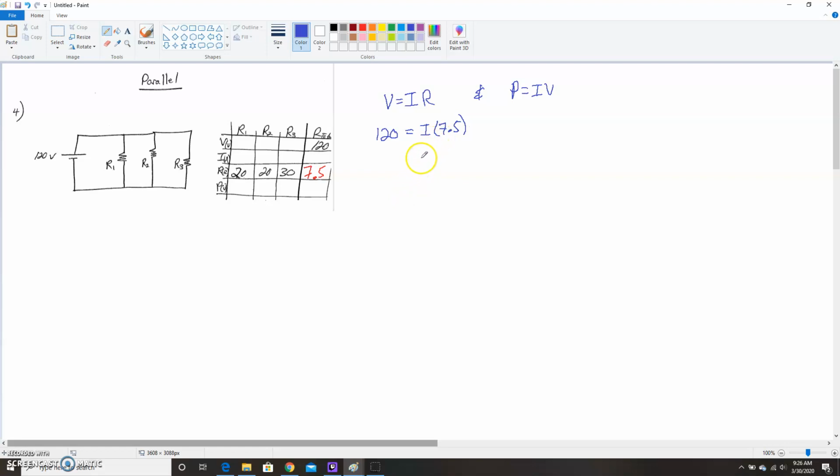On the calculator, if I divide both sides by 7.5, I am left with 16 amps. So this will be 16, and then the power will be 16 by 120. So 16 by 120 is 1920 watts.